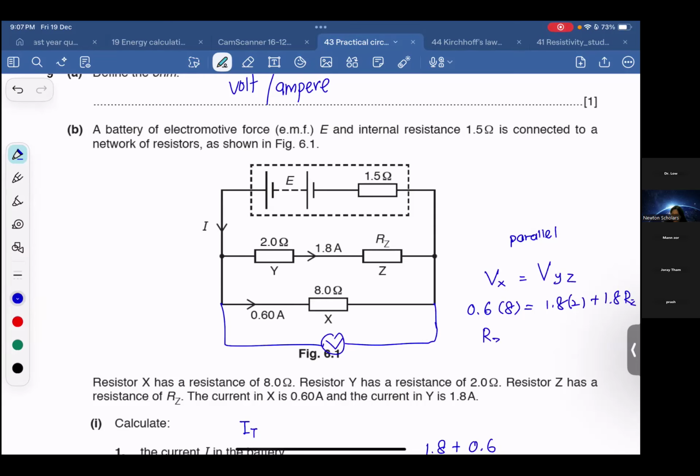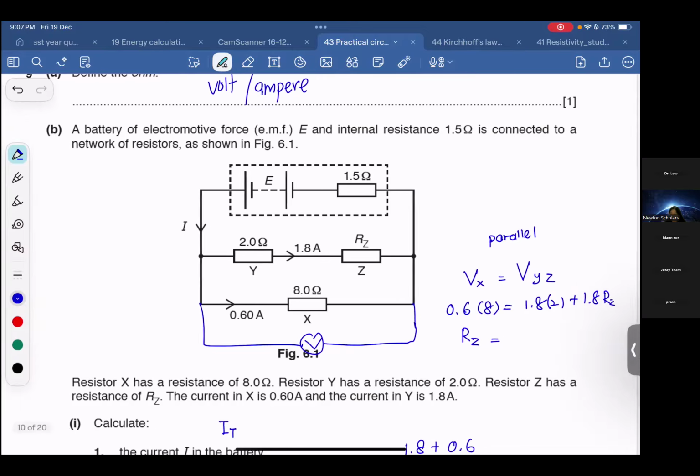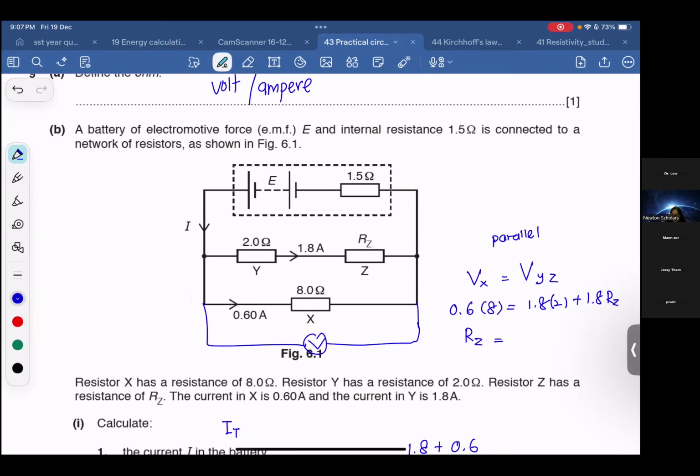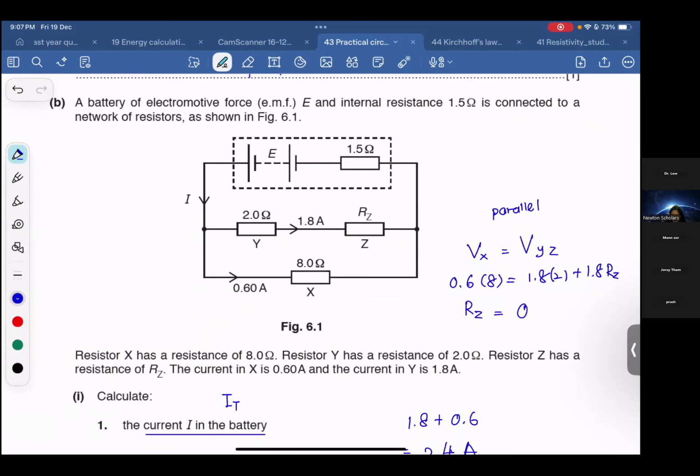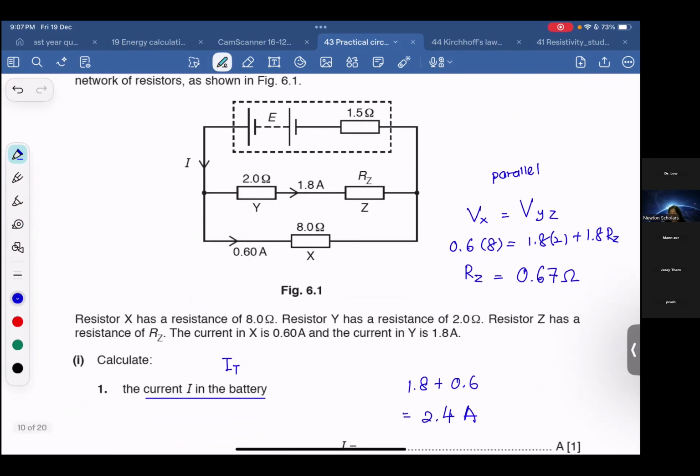So from here you can calculate your RZ. Get it? Just now we did this kind of question. Kai Chen, correct right now? Wow, yes. Okay, so here the answer should be 0.67 ohm. Don't give me 0.7 ohm. Two significant figures.